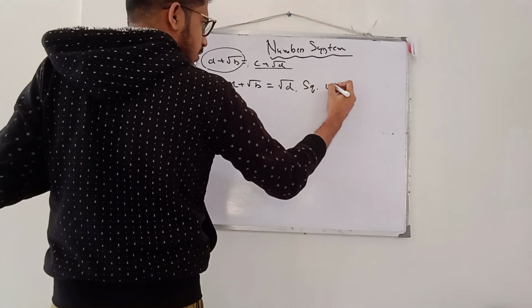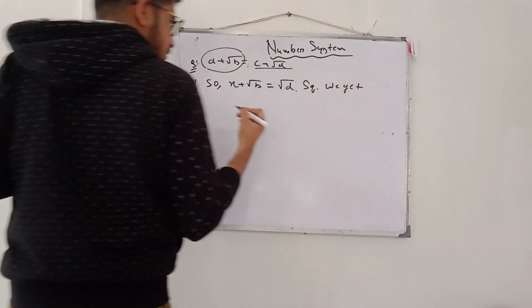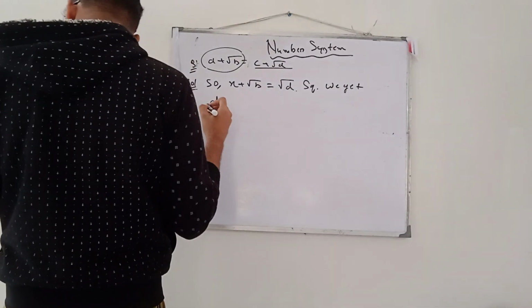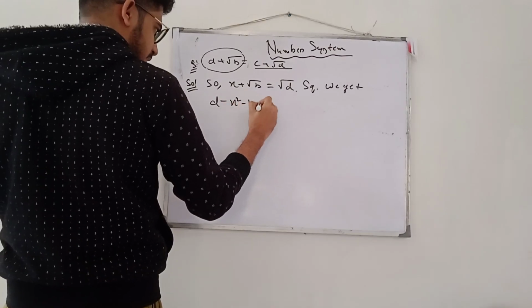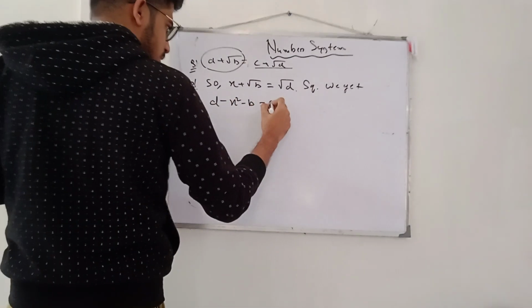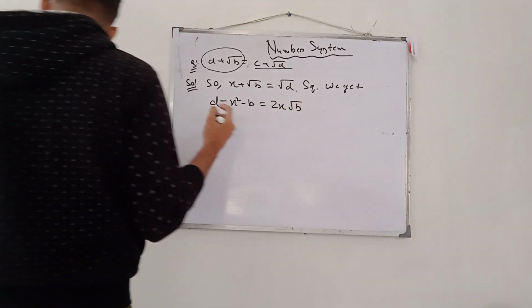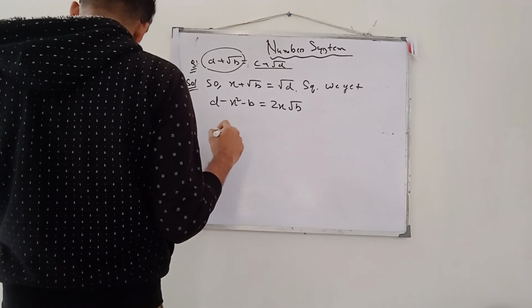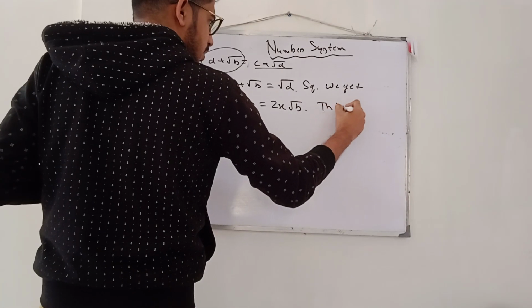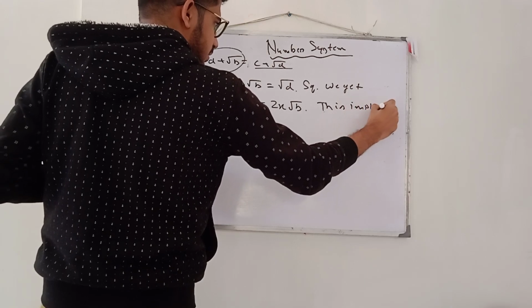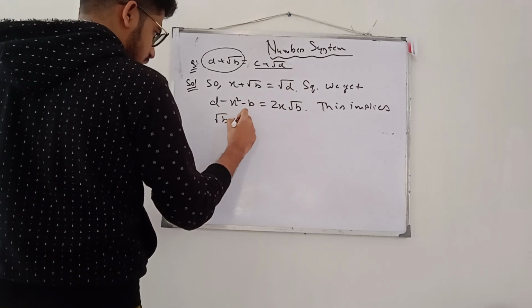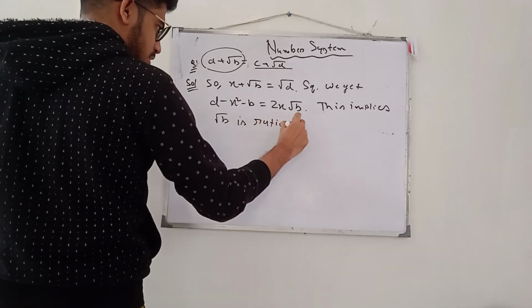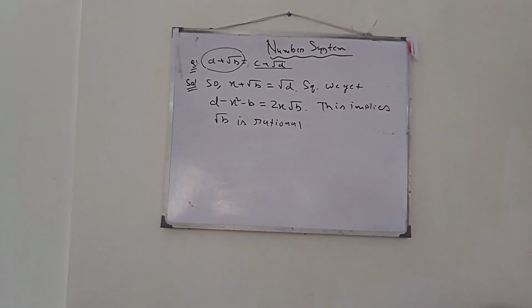Squaring, we get d minus x square minus b is equal to 2x root b. Okay, this implies that root b is rational.